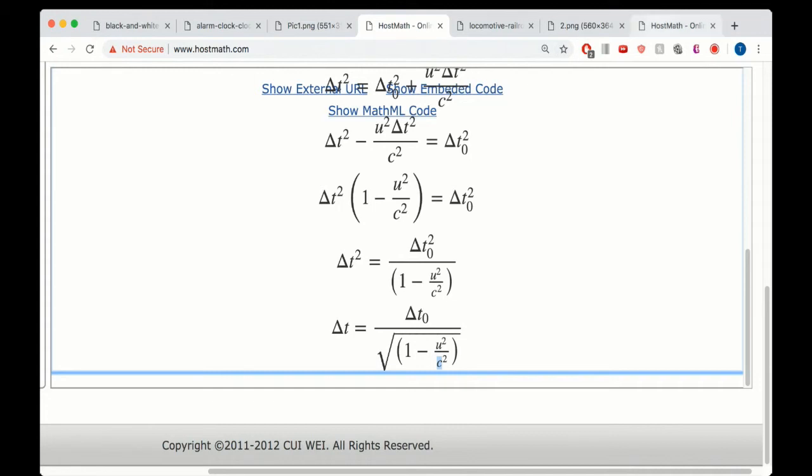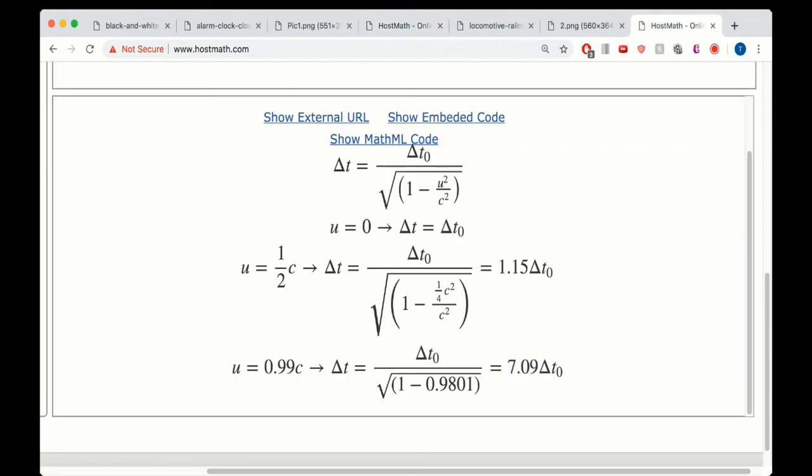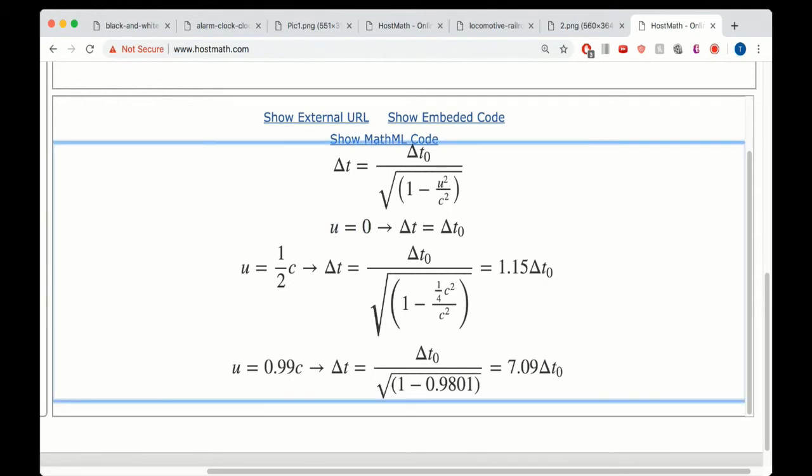Let's see how this works. So here are some examples. Let's say u equals 0. This is the case for when you are inside the train with the light clock and there is no horizontal speed.